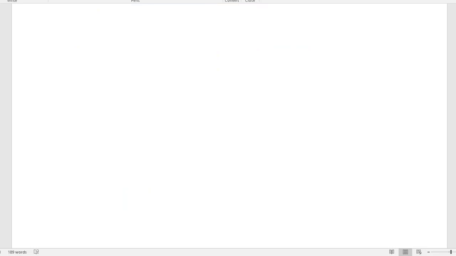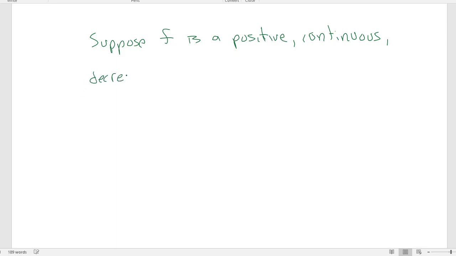All right, so let's just summarize again what we've been discussing here. I just want to write it down. So let's say that suppose f is a positive, continuous, and decreasing function on, let's say, 1 to infinity.